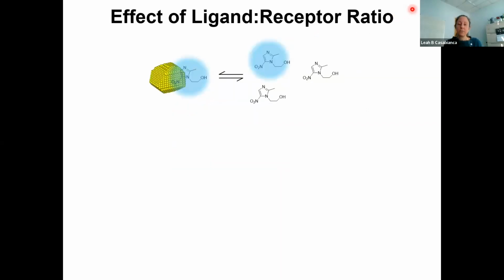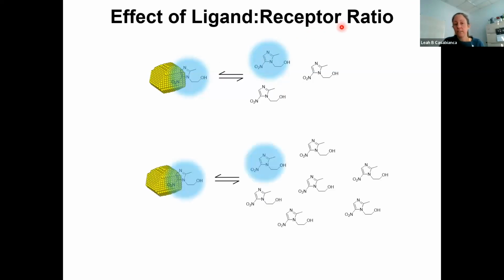The ligand receptor ratio also influences the STD effect. So let's say you have this situation, this ligand receptor ratio, and you get this STD effect. If you increase the ligand receptor ratio by adding more ligands, this will drive the equilibrium towards the bound state.